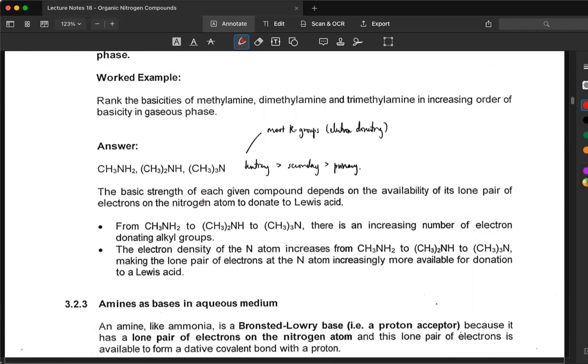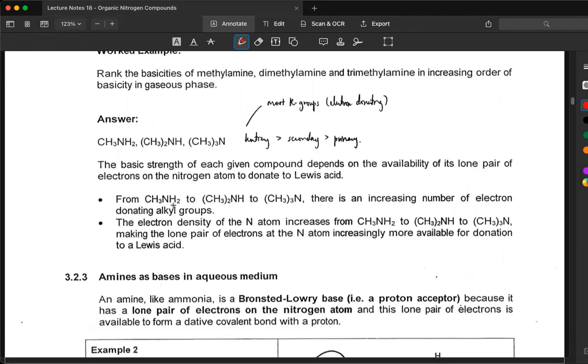So the basic strength of each compound depends on the availability of the lone pair of electrons. So from CH3NH2 all the way to trimethylamine, we will see that there is an increasing number of electron donating alkyl groups. So the electron density of the nitrogen atom increases from methylamine all the way to trimethylamine.